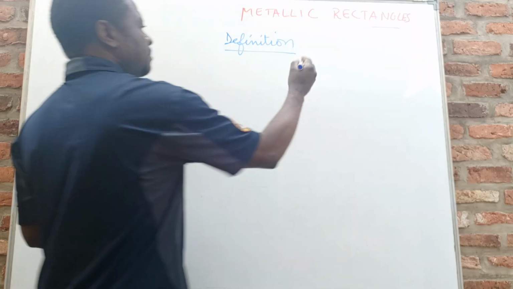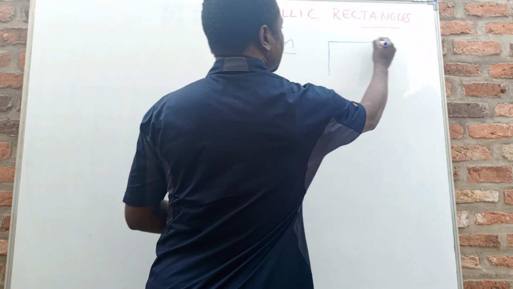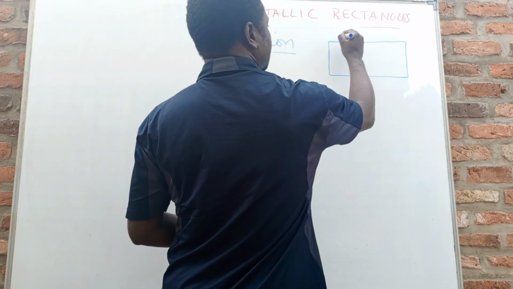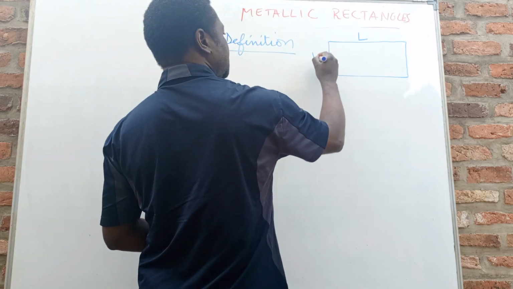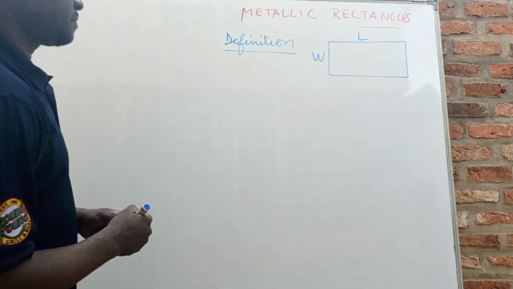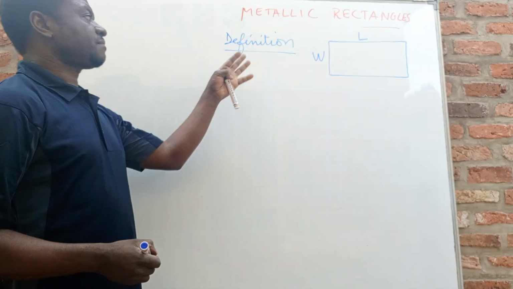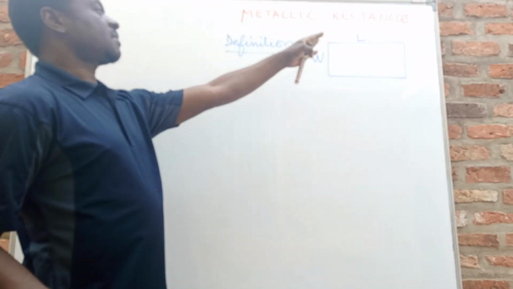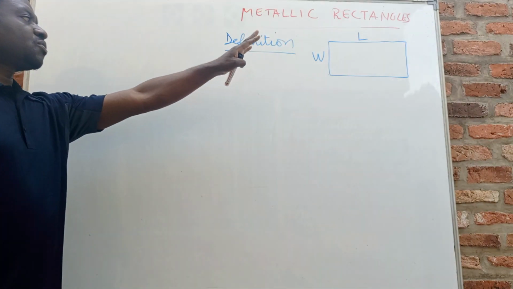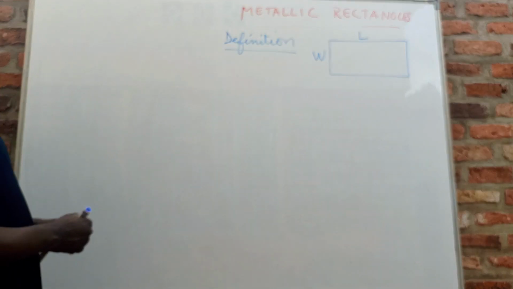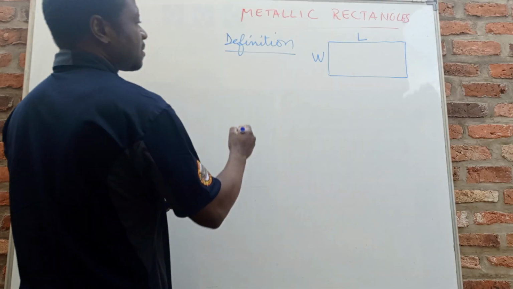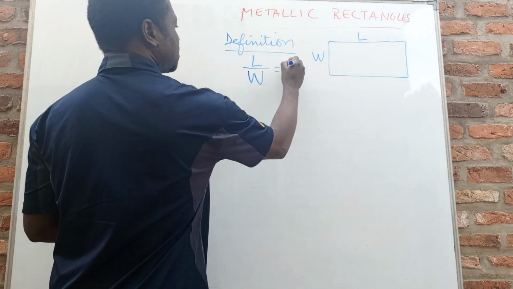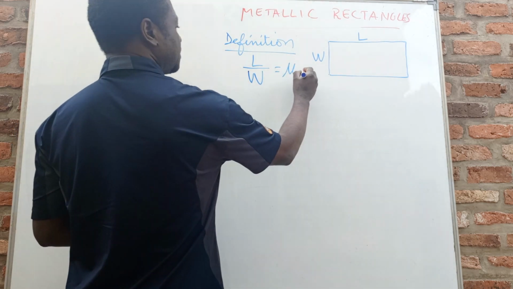So suppose you have a rectangle like this. If this is the length and the width, then by definition, a metallic rectangle is a rectangle such that the length to width ratio is equal to the metallic ratio.